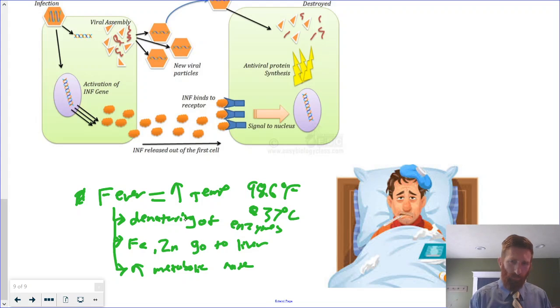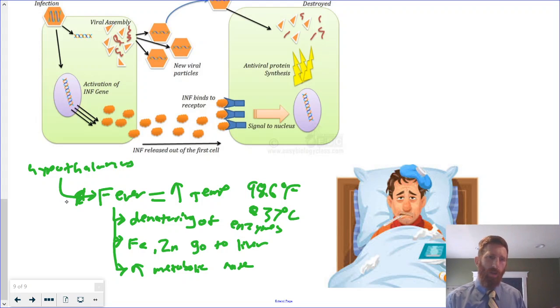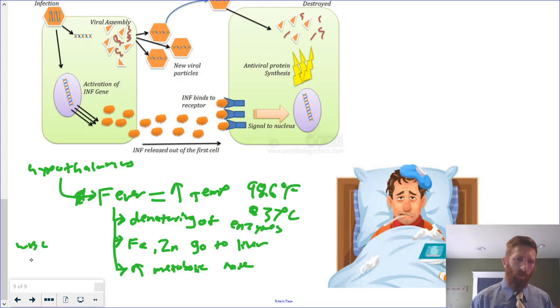Now, how does our body know to make a fever? Well, the part of our brain that's responsible for regulating body temperature is called our hypothalamus, right? Yes, hypothalamus. So our hypothalamus increases our body temperature in response to white blood cells and macrophages releasing chemicals called pyrogens.